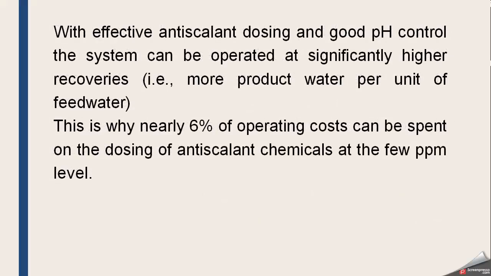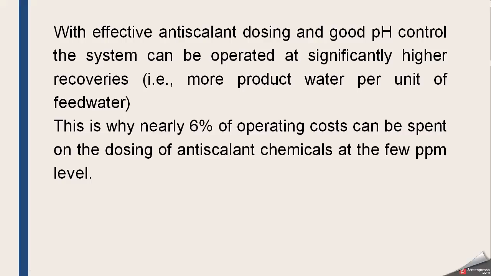Effective antiscalant dosing and good pH control of the system can allow operation at significantly higher recoveries, that is more water product per unit of feed water. This is why nearly 6% of operating costs can be spent on the dosing of antiscalant chemical at the few ppm level. This is a generalized figure: in operating costs we can spend a maximum of 6% on the optimization of antiscalant chemicals.